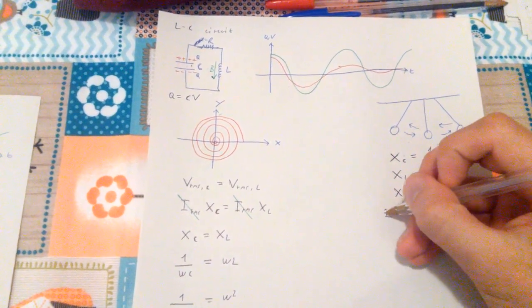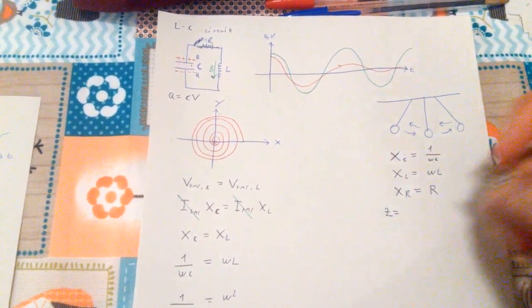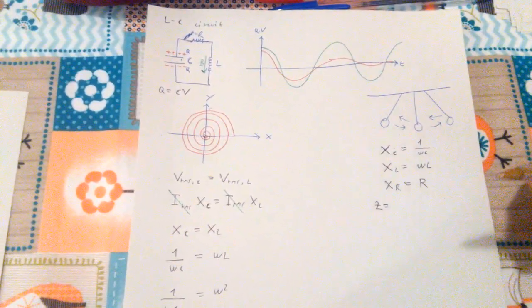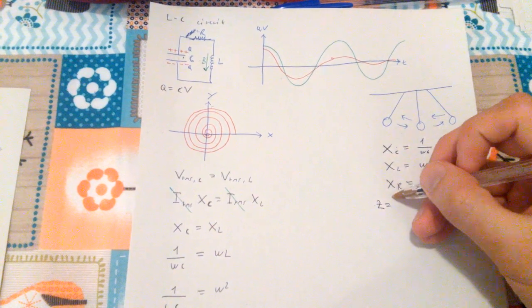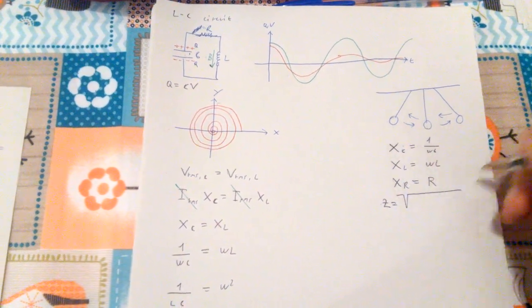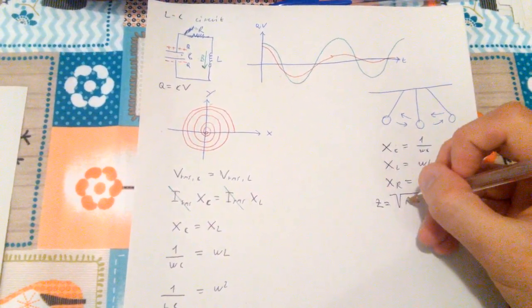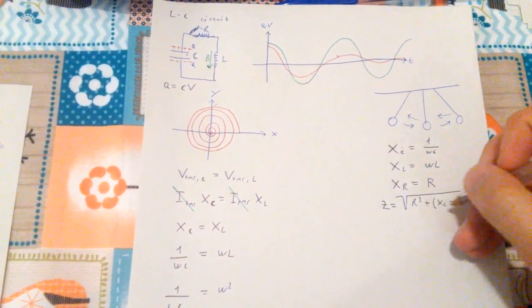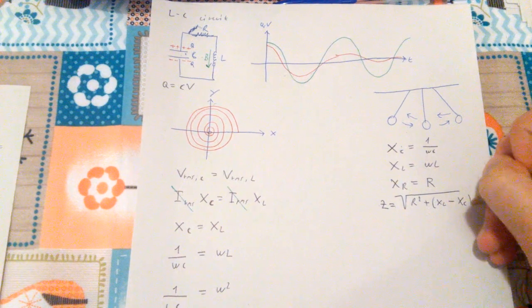But then the real impedance, Z, well, real is a term used loosely. I mean, the impedance itself, Z, will be the square root of R squared plus (XL minus XC) squared.